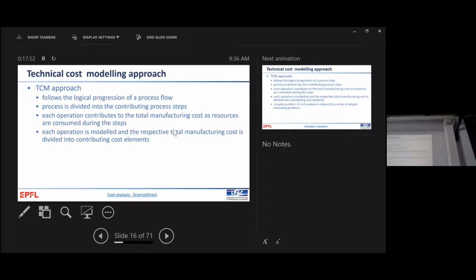So you need to basically add up the accumulation of costs as you go through that process flow. And that reduces a complex cost estimation problem of that steel stamping plant, what does it cost, into some more simple estimating problems. As an engineer, you can call up a company and say, hey, ABB, we need a robot that's got a reach of 1.5 meters. Can you give us a quotation? That's a simple estimating problem, okay?